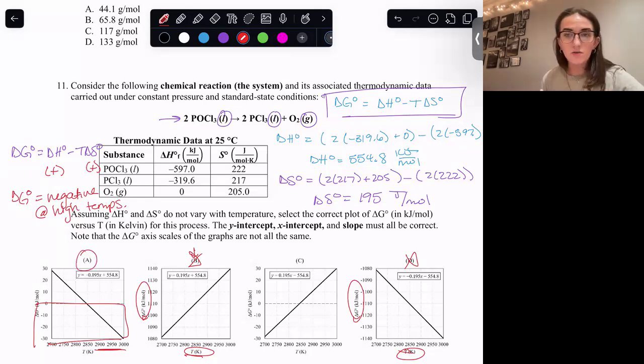If you wanted to solve for your temperature and therefore your slope, then you could do T is equal to delta H divided by delta S, and you can solve for temperature there.